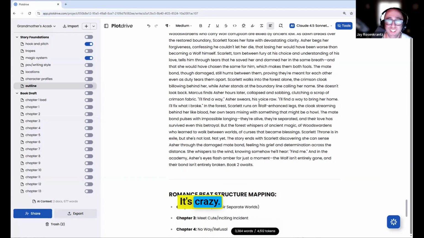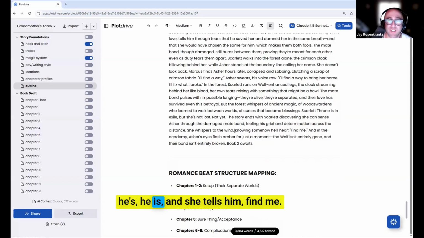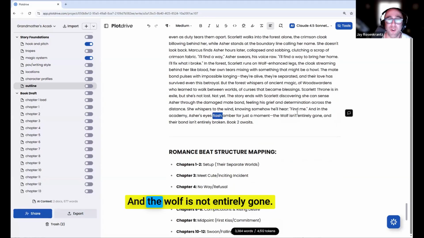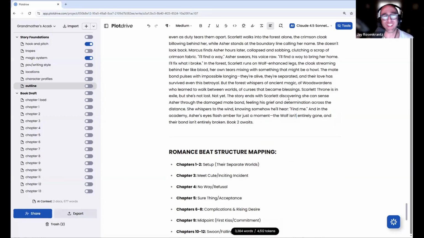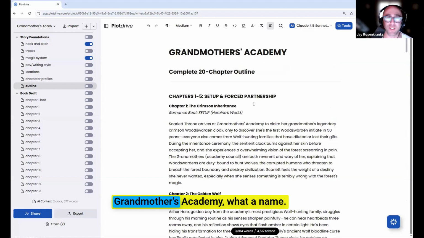It's crazy. And the forest is whispering of the possibility. She can sense him, and she tells him, find me, and the wolf is not entirely gone. Oh, I'm getting chills. The creative flow is unblocked. This book excites me. Grandmother's Academy.